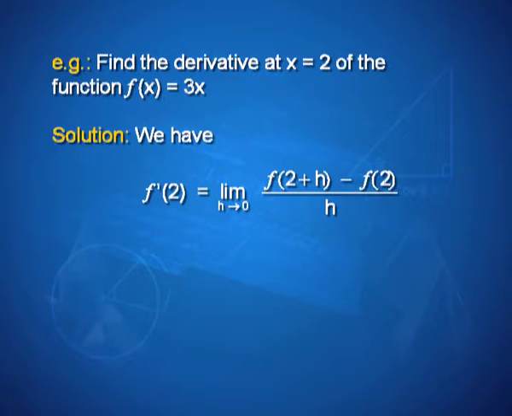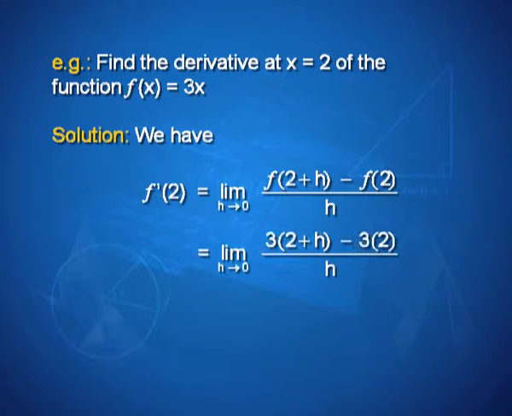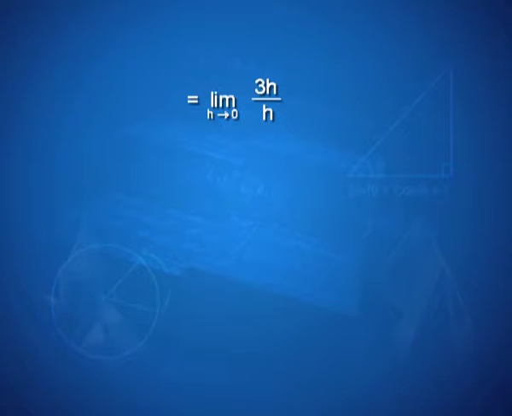We have f'(2) = limit [f(2+h) - f(2)] upon h as h tends to 0, that is equal to limit [3(2+h) - 3(2)] upon h as h tends to 0, that can be written as limit [6 + 3h - 6] upon h as h tends to 0, which simplifies to limit 3h upon h as h tends to 0.